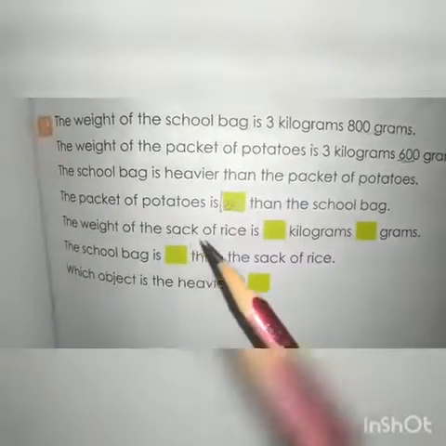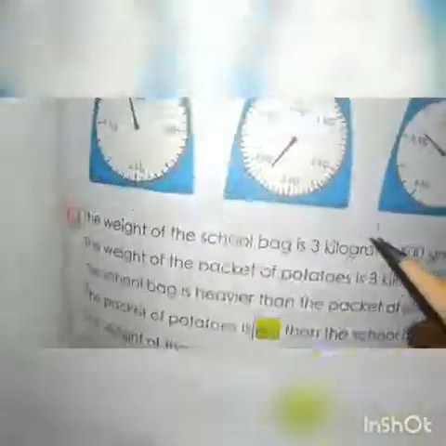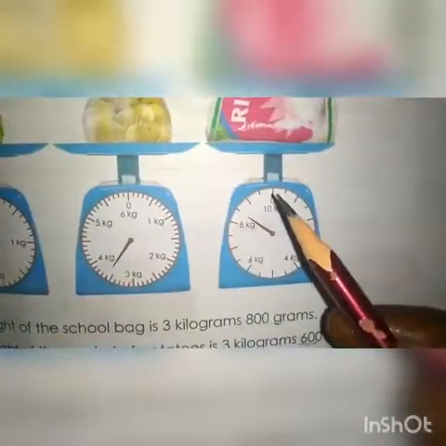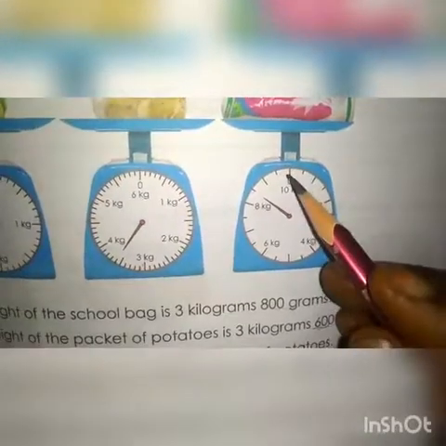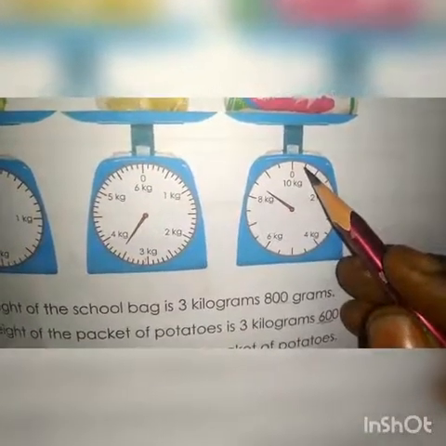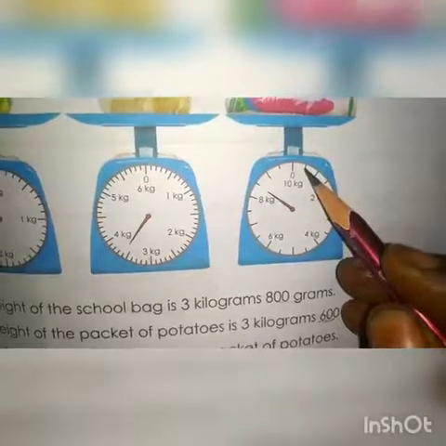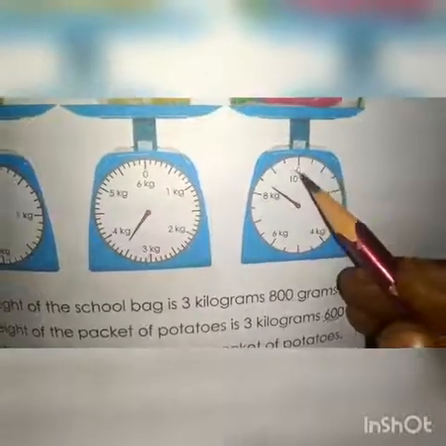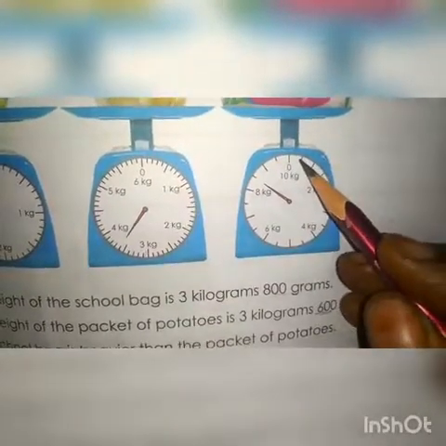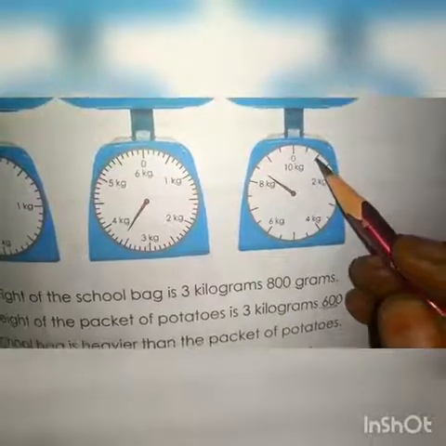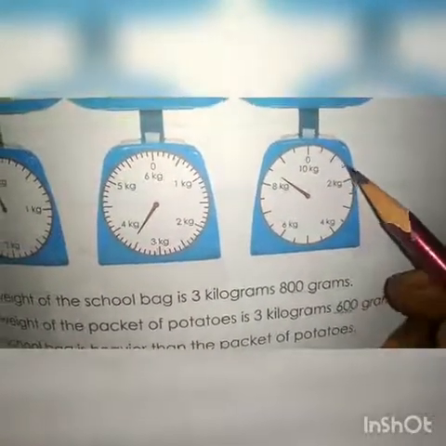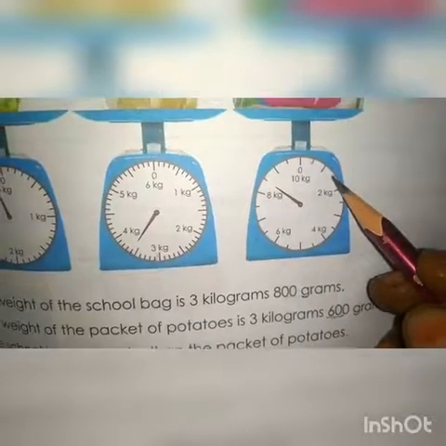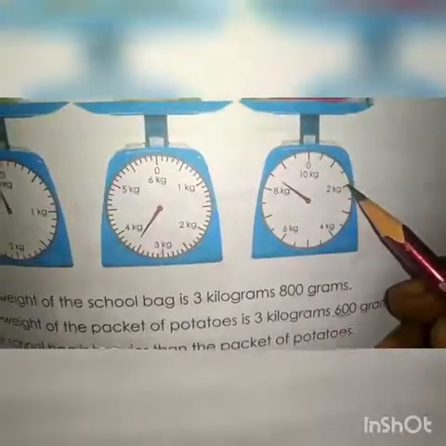Next, the weight of the sack of rice. From 0 to 2 kilogram, if we consider each line as 500 gram, then 0, 500 gram, 500 plus 500, 1 kg, 1 kg plus 500, 1 kg 500 gram, plus 500, 2 kg.